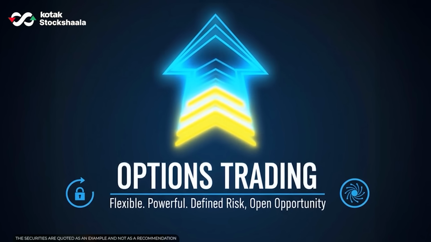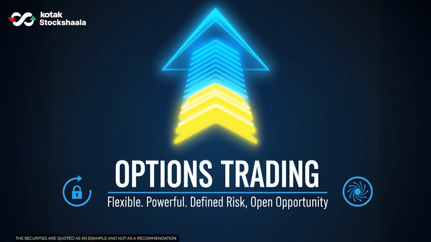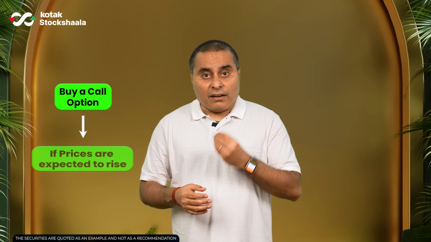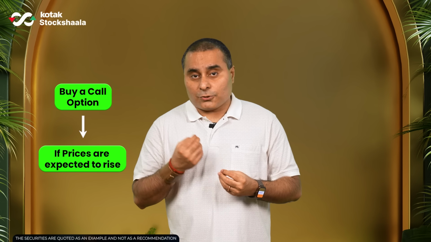Now let's come to the next part, which is the strategies which we use using option contracts. Options are flexible, powerful, and designed for traders who prefer defined risk with open opportunity. Let's see the first example. First is directional play. Buy a call option if you expect the prices to rise.